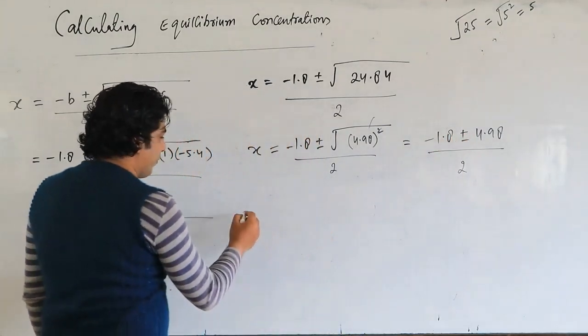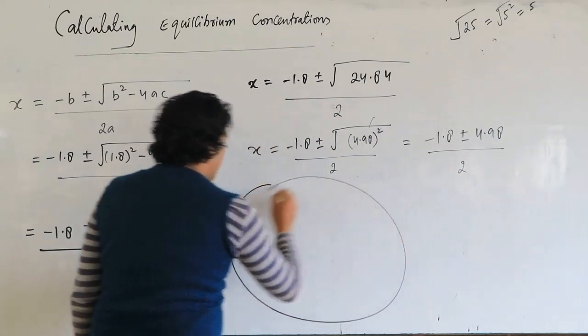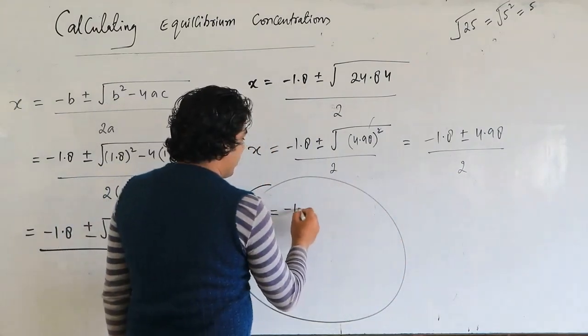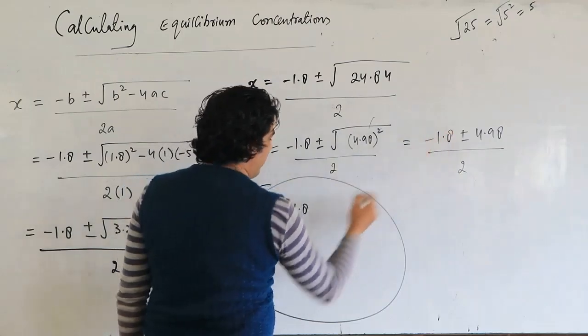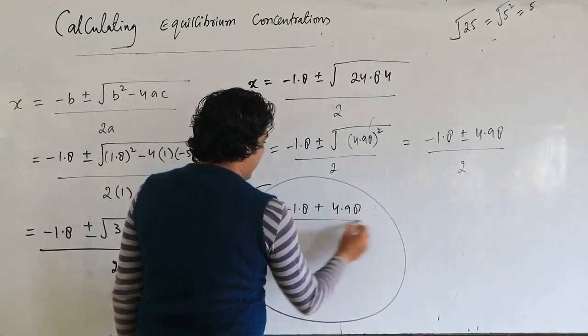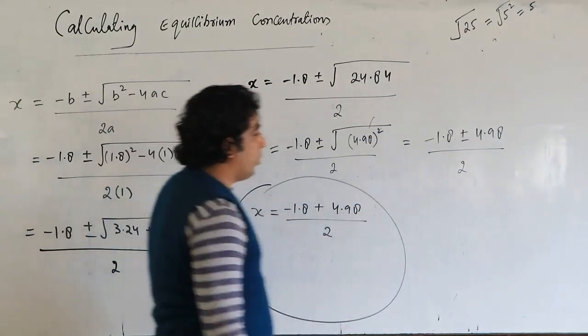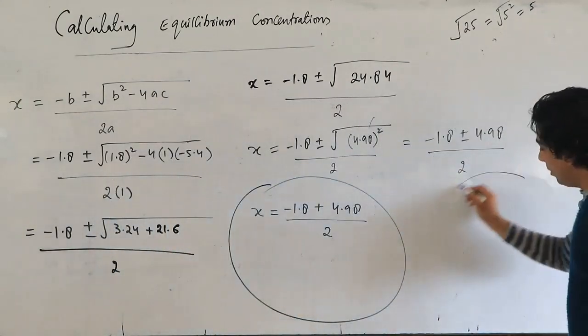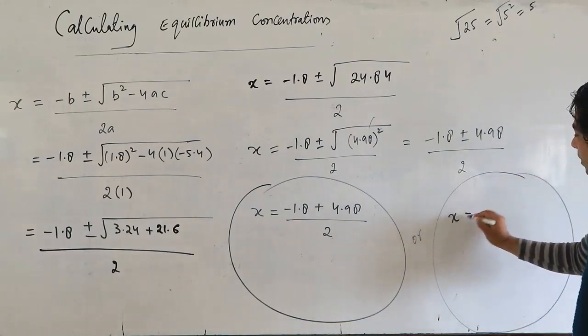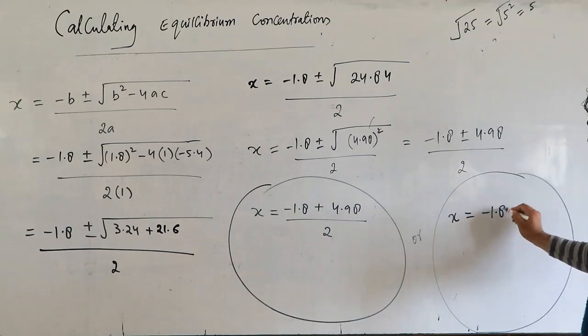So let's take on the first. x is equal to minus 1.8. Let's take on the plus one first, plus 4.98 divided by 2. Or you can have x is equal to minus 1.8.